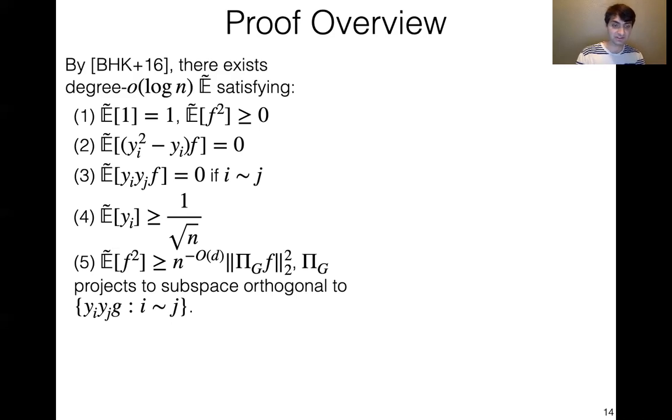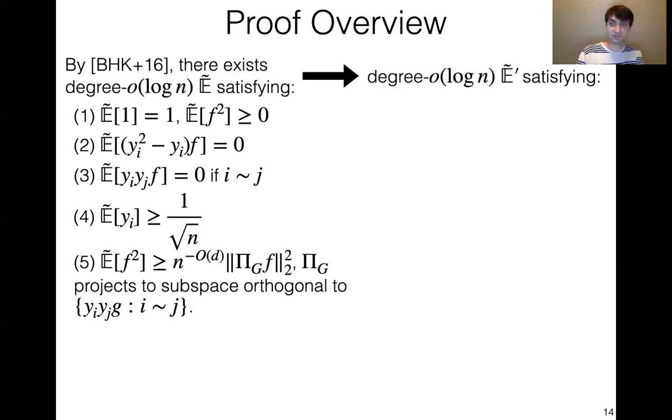It's saying that the pseudo expectation of f squared is at least n to the minus O of d times the L2 norm of f squared, where we think of f as a polynomial, but we think of it as a vector, the coefficient vector. So this is the sum of the squares of the coefficients. And there's this other small technical detail that we need to have this projector pi_G to project out the polynomials that we have hard-coded to have pseudo expectation 0 by constraint 3.